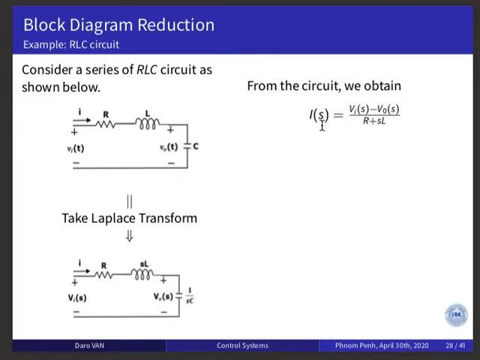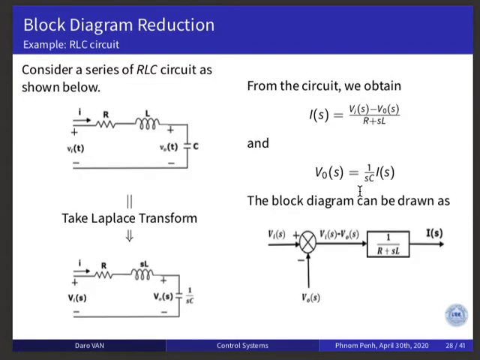So I(s) equals the voltage Vi(s) minus V0(s), over R plus sL. So this is the voltage across this. And then the voltage across the capacitor, V0(s), equals 1 over sC times I(s).